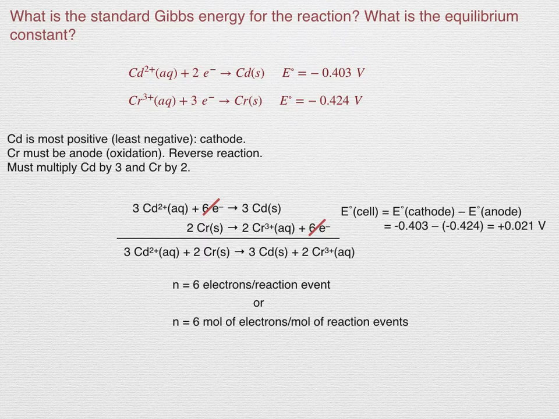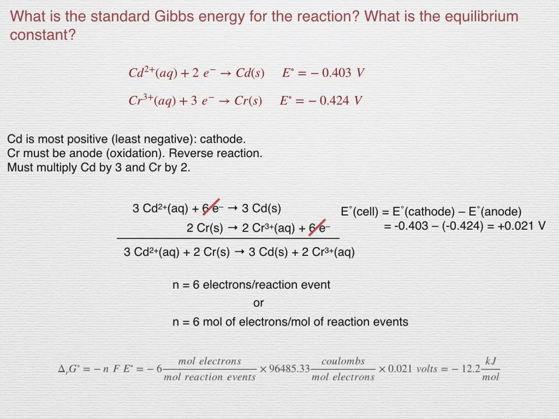The standard cell potential, cathode minus anode, is plus 0.021 volts, or 21 millivolts. With this, we can determine the standard Gibbs energy change for the reaction. It is minus N F E0, which is minus 12.2 kilojoules per mole. Now look at those units. This is 12.2 kilojoules per mole of reaction events.